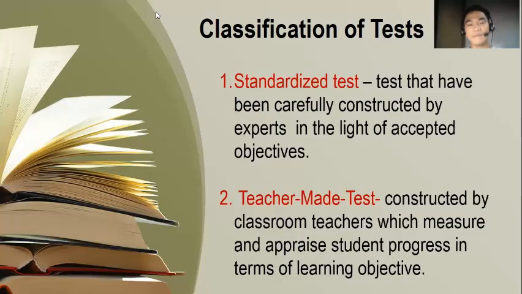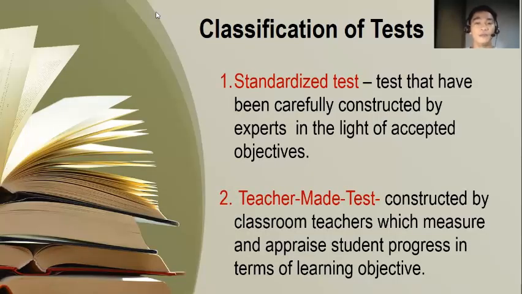What are examples of standardized tests? We have the National Achievement Test, and the licensure examination for board exams, right? We also have the NCEA. These are examples of standardized tests, because they are made by experts, meaning they are not only made by classroom teachers; rather, they are made or recommended by experts.